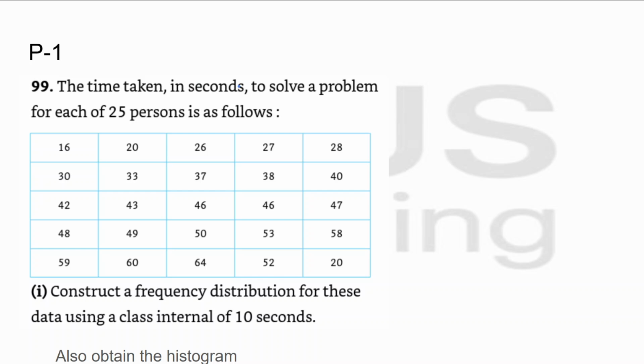So the time taken in seconds to solve a problem, there are 25 readings here. Each person's reading is given, and this is the time taken to solve the problem by each of these 25 students. Construct a frequency distribution for these data using a class interval of 10 seconds.